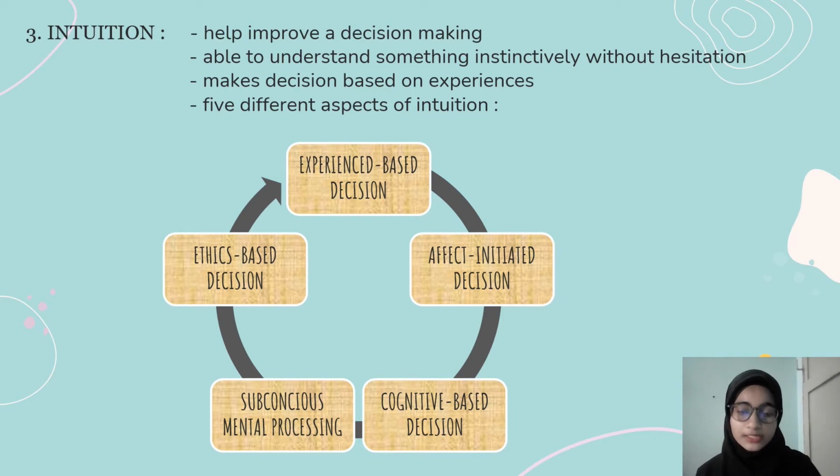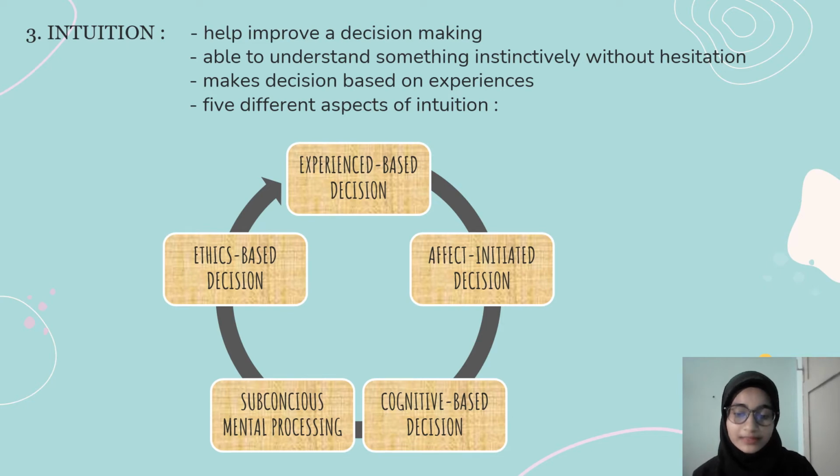The fourth one is subconscious mental processing. In subconscious mental processing, managers use data from the subconscious mind to help them make decisions. The last aspect in intuition is values, or it is well known as ethic based decision.